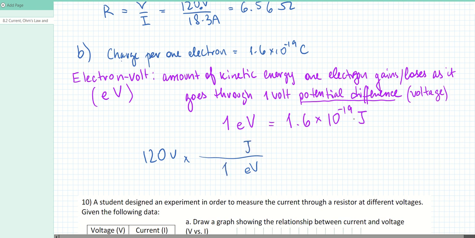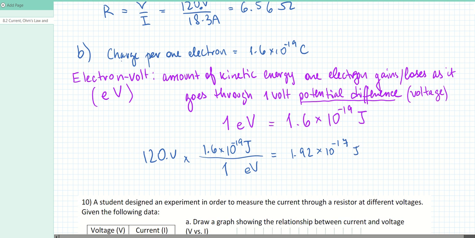So 1 eV corresponds to 1.6 times 10 to the negative 19 joules. Basically what you're doing here is multiplying 120 times 1.6 times 10 to the negative 19, and you will get your answer of 1.92 times 10 to the negative 17 joules.